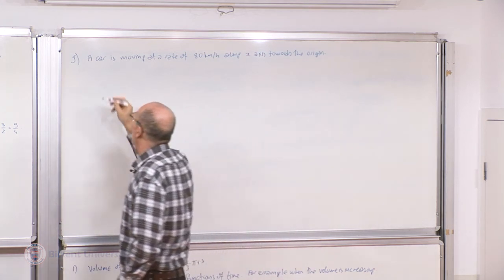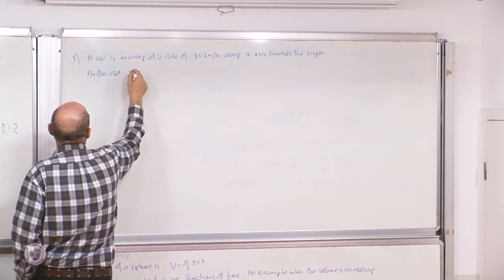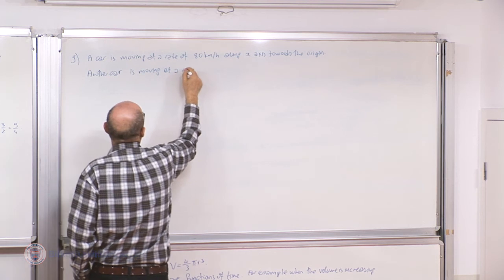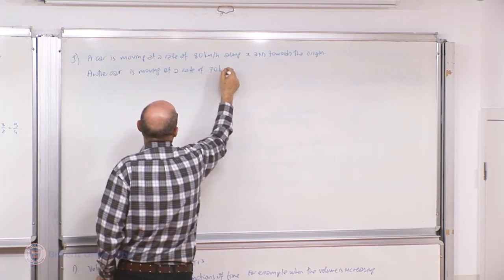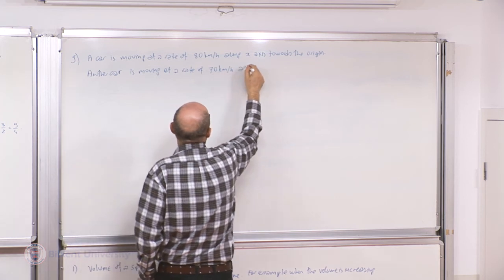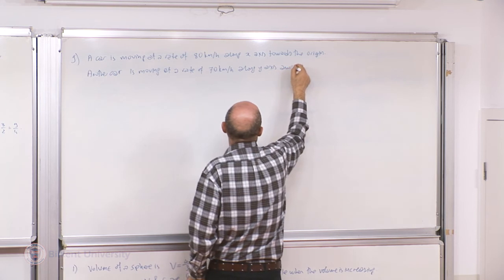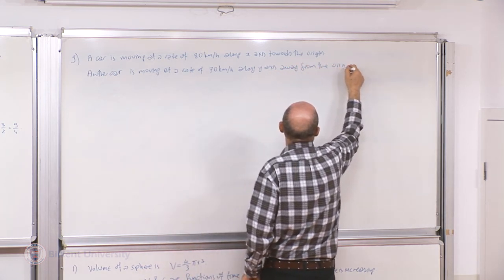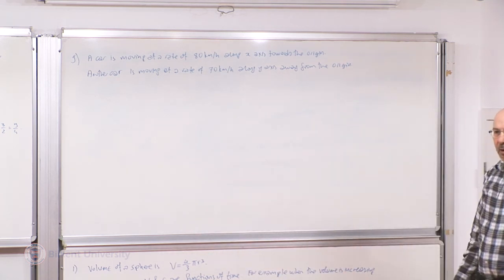Another car is moving at a speed of, say, 70 kilometers per hour along the y-axis away from the origin.